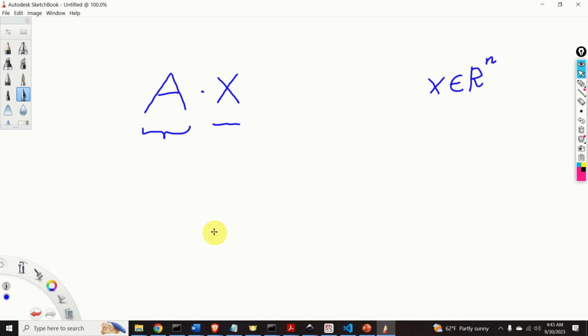For example, if this is our original vector x, and if we multiply this vector by the matrix A, we can obtain some other vector, for example the vector given over here, where this vector is A times x. To remind you, A is an n by n matrix, so the dimensions will not change. Depending on the direction of the vector x, the matrix A can rotate and scale the vector.